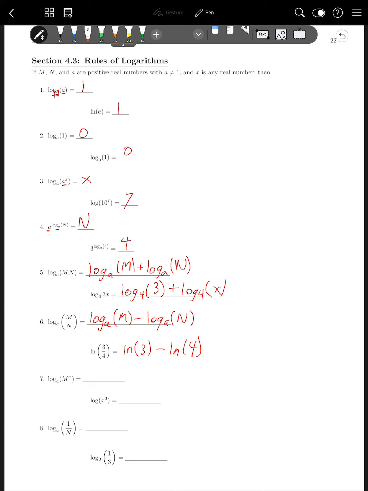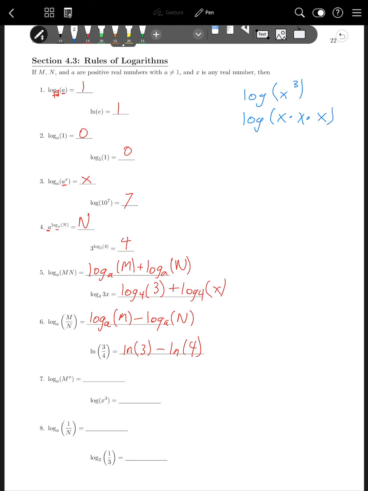Now, the next one might actually be easiest to show you using some of our rules. Log of x to the third is the same thing as log of x times x times x.